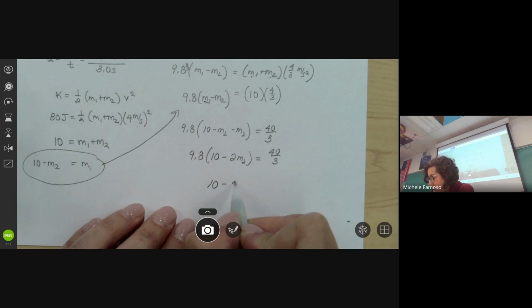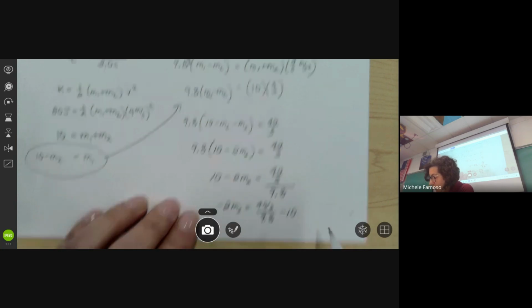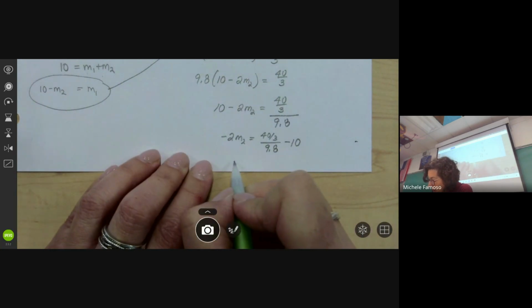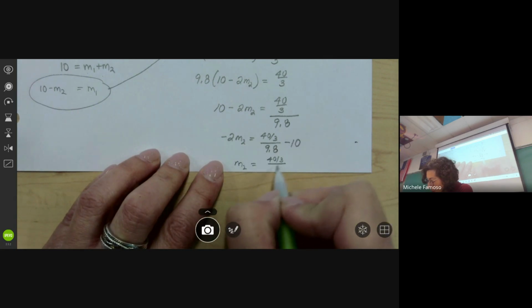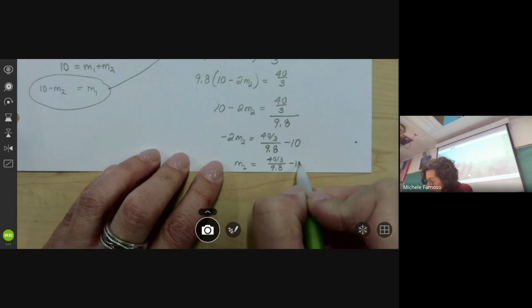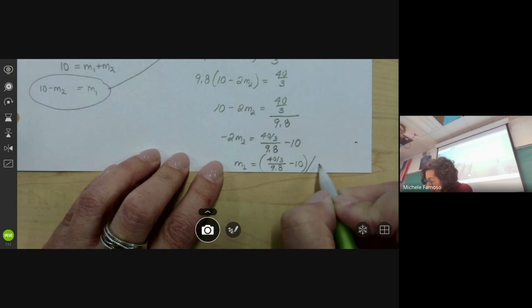So 10 minus 2 mass 2 is 40/3 divided by 9.8. Now, negative 2 m2 is 40/3 divided by 9.8 minus 10. So divide by negative 2. So 40/3 over 9.8 minus 10, and all of that is over negative 2.